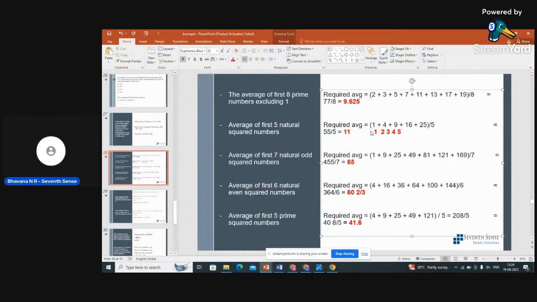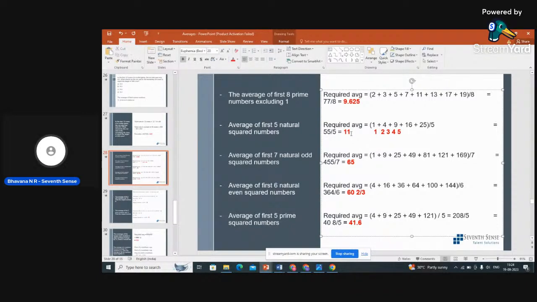So here 1 squared is 1, 2 squared is 4, 3 squared is 9, 4 squared is 16 and 5 squared is 25. That whole divided by 5. By adding all these five numbers we will get 55. That 55 divided by 5 is equal to 11.